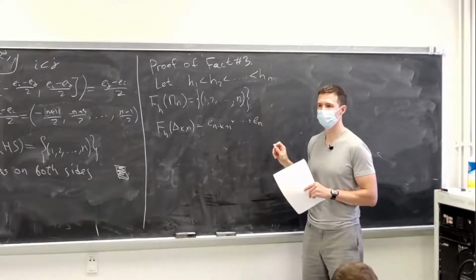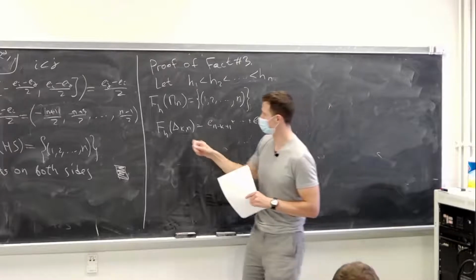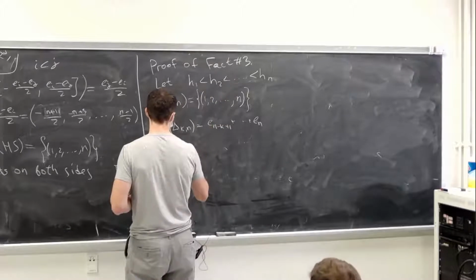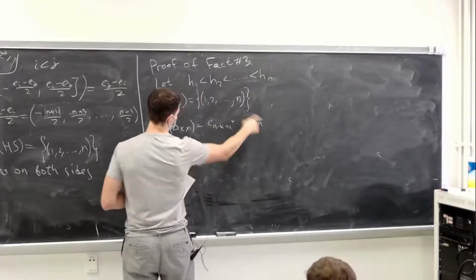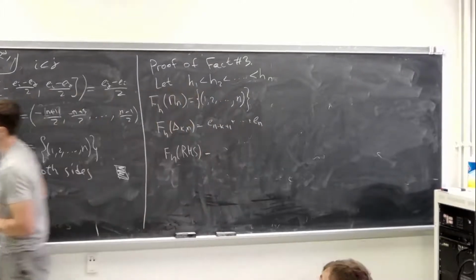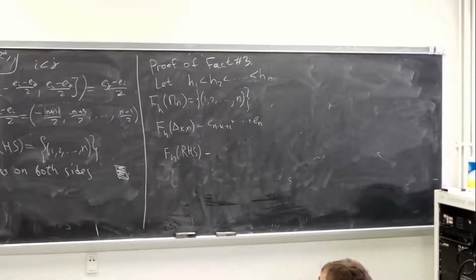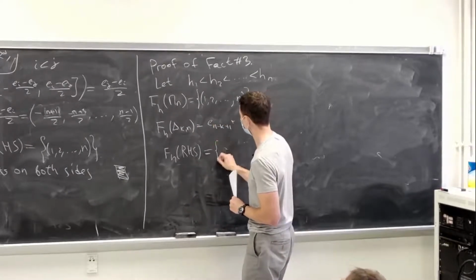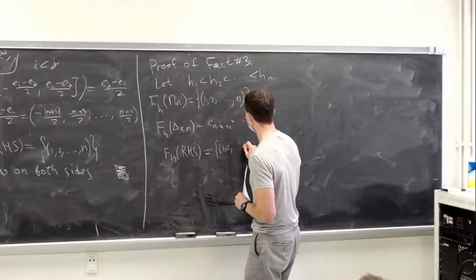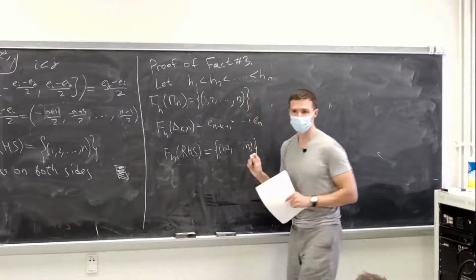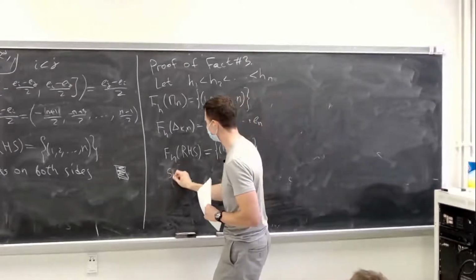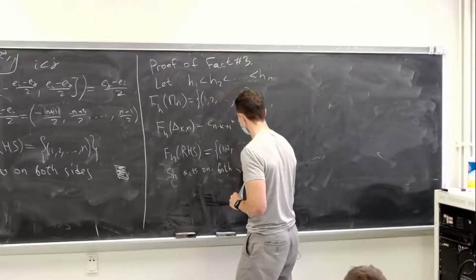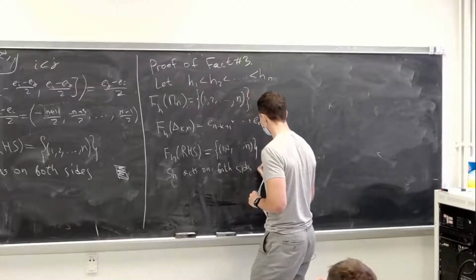Is that right? Okay, and then you take the sum over all of these deltas, and h of the right-hand side is basically the sum of all such vectors plus the extra 1, 1, 1, 1, 1. So it seems like I'm going to get the same vertex, right? And then again, S_n acts on both sides. So we're done.